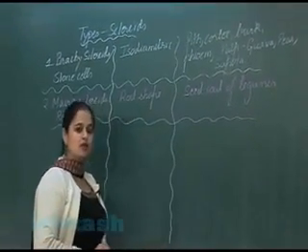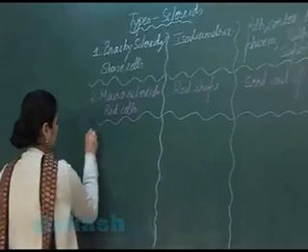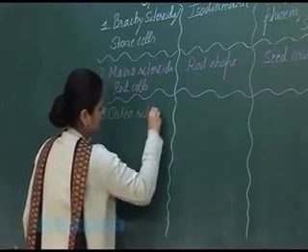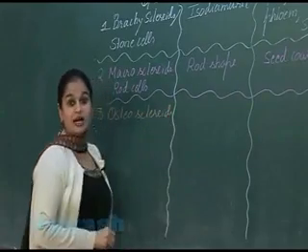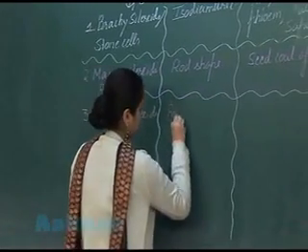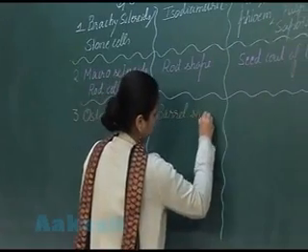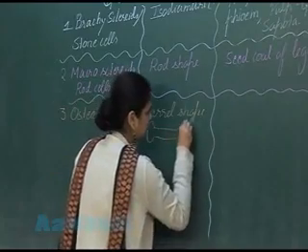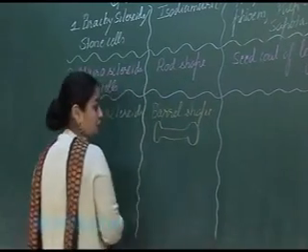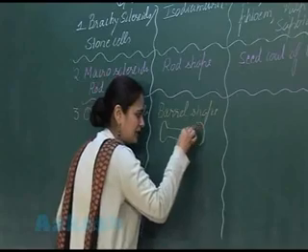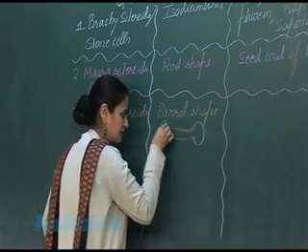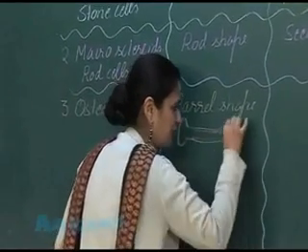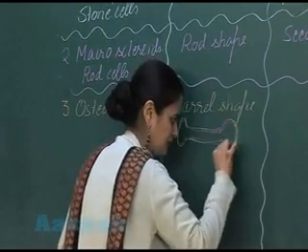Third category, osteosclereids. They are barrel shaped like this, and surely the cell wall is thickened, a uniformly thickened cell wall.